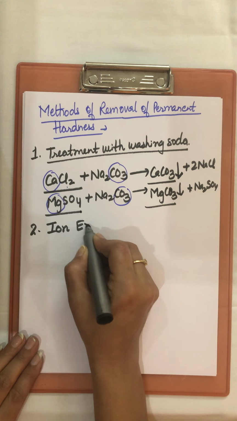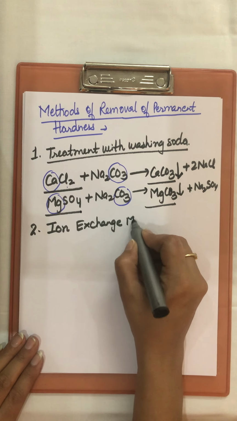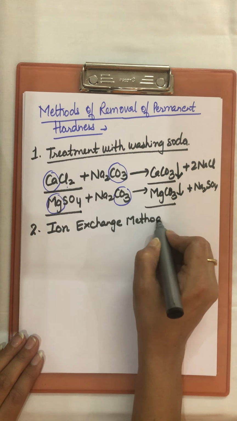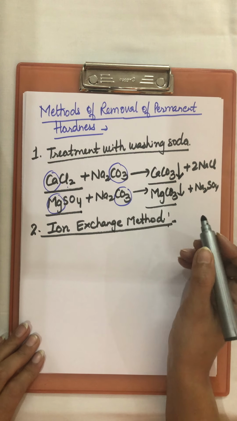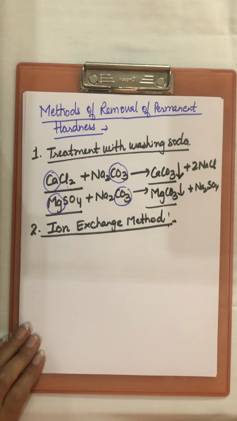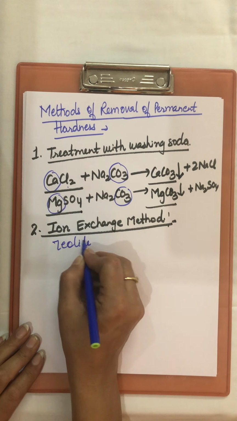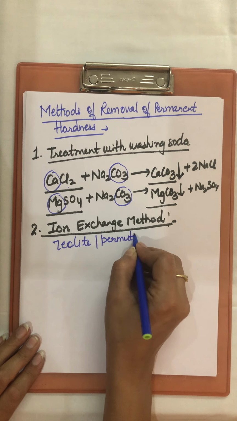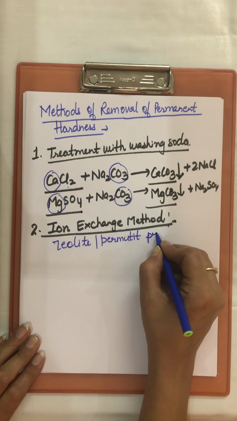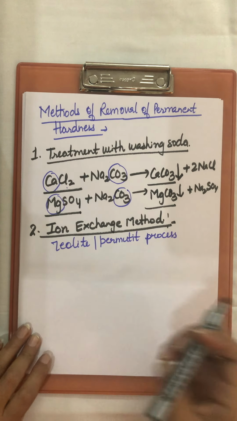Second method, ion exchange method. Ions will exchange here. The ions which are causing hardness will get exchanged. This method is also called zeolite or permutit method. Now what is zeolite or permutit?